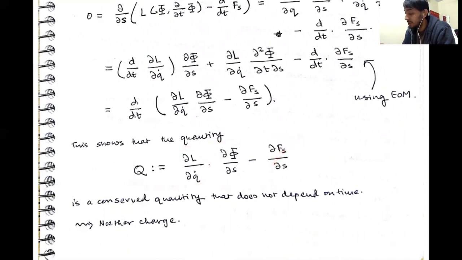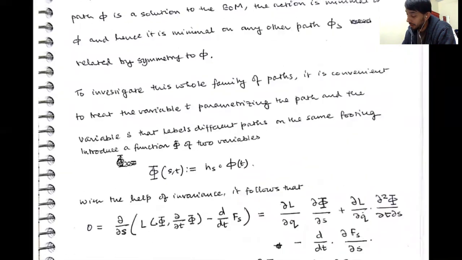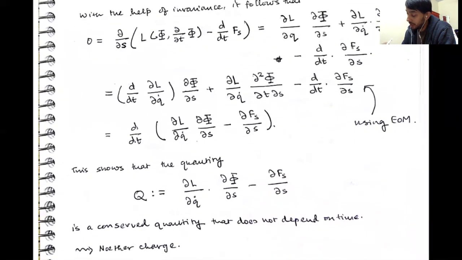So what is going to happen is that we will find that del phi del s is dhs by ds. This is just a.